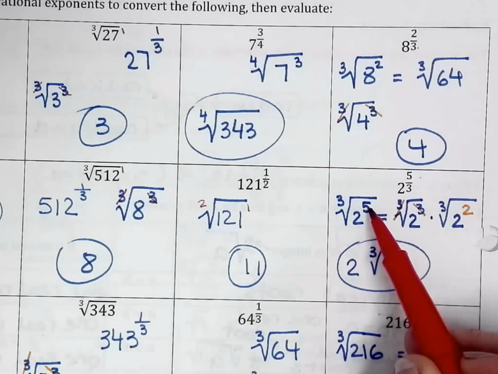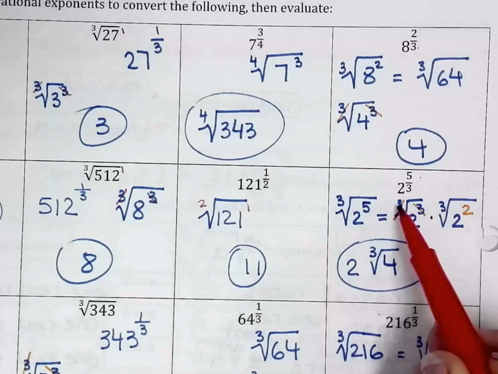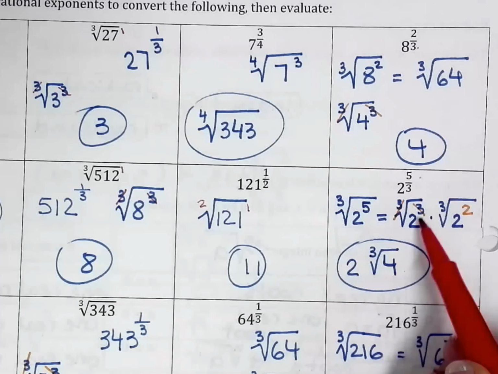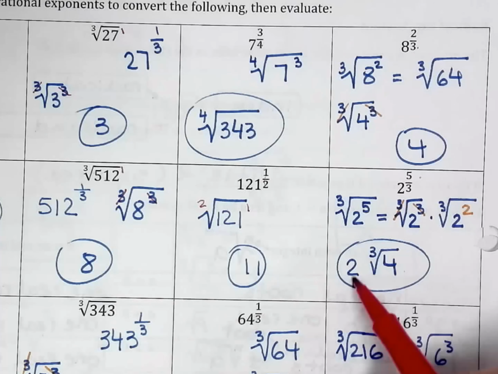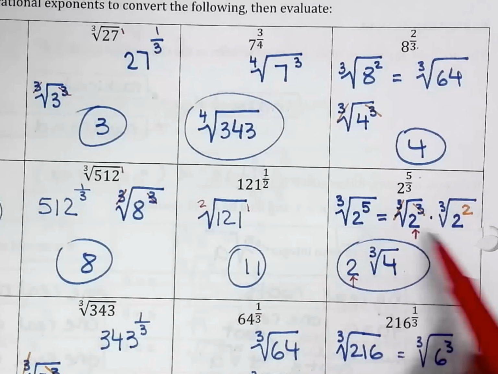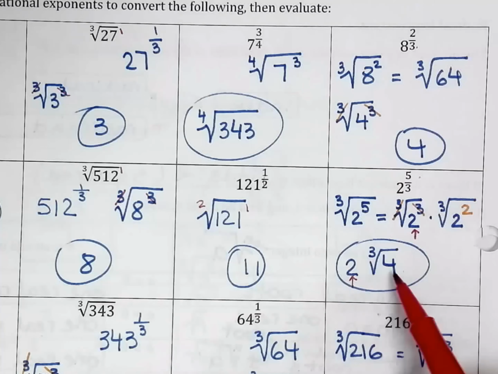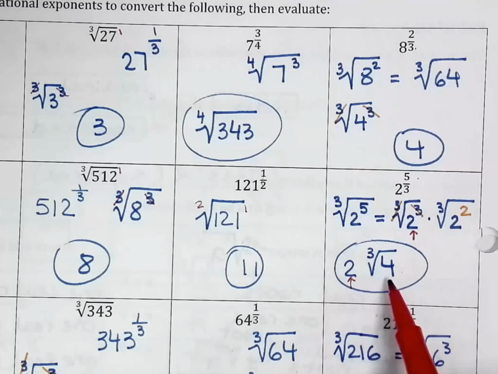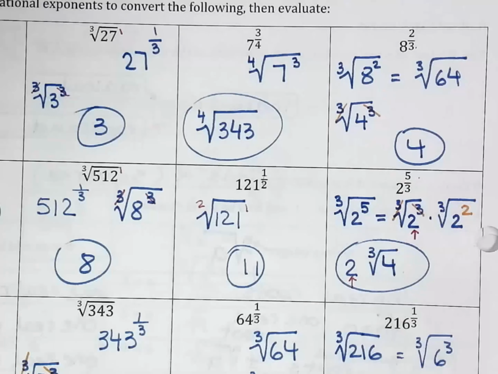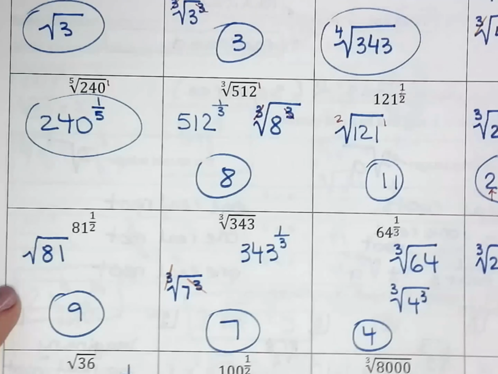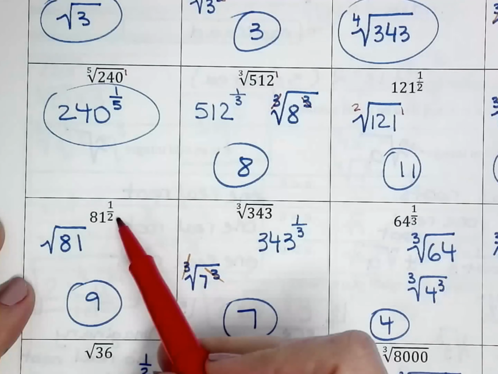So 3 plus 2 will give me 5. This one, index and exponent, simplify down to 2. That's this 2 right there. And then 2 squared is 4. And there's nothing I can do to simplify that cube root of 4, because this is not square root of 4, it's cube root of 4.